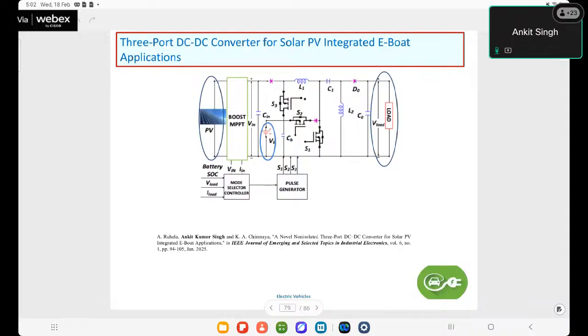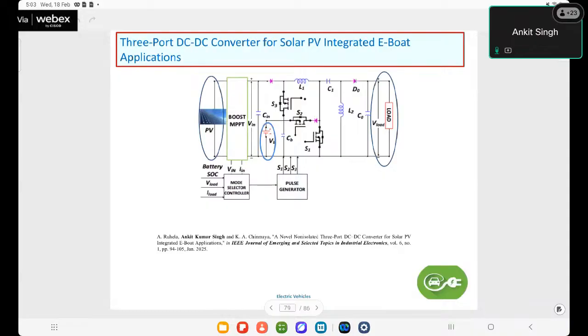As we know, except for some light electric vehicles, most of the time solar PV cannot be installed on the roof of the vehicle, because the space is not that much. But in the case of a solar boat, it will be on its roof because it's a big size. Its roof may be designed in such a way that it can generate a lot of power.